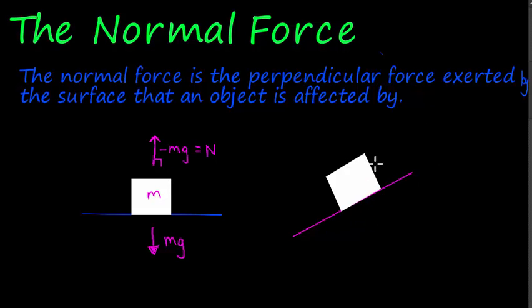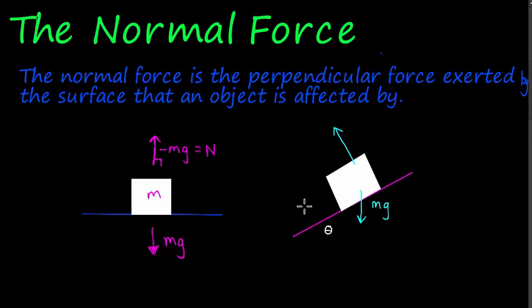and this time we have an object that is on a slanted surface, with a certain angle here. That's my angle, theta. What is happening this time? Well, of course, again, we have a downward weight, and that downward weight is mass times gravity, and the normal force this time is perpendicular to the surface, so the normal force is in that direction.